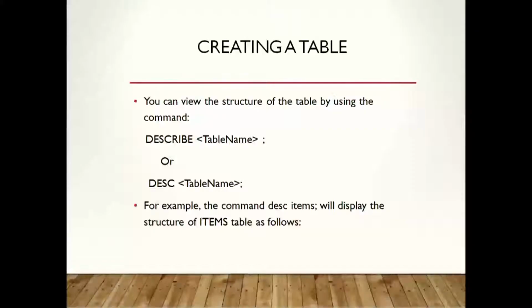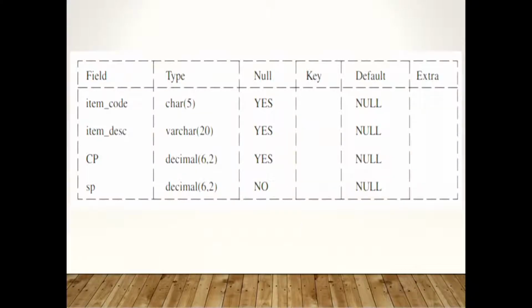Now you can view the structure of the table by using the command describe or desc. So you can write the whole word describe, or only desc, and then the table name. This will give you the whole structure of the table. For example, the command desc items will display the structure of the items table as follows.